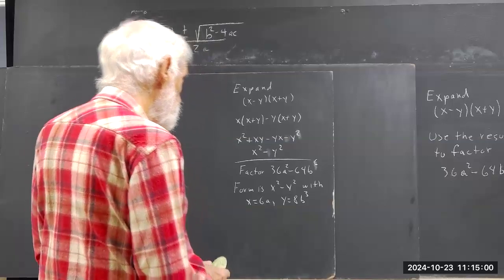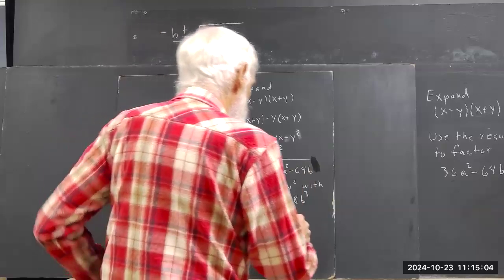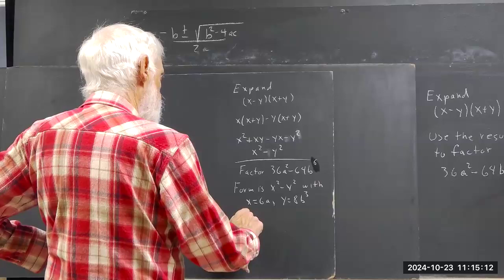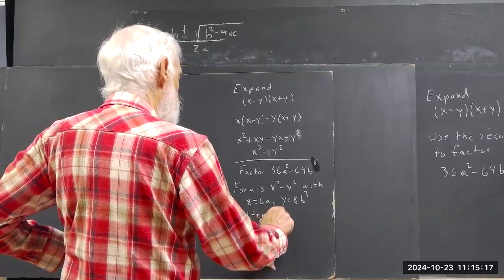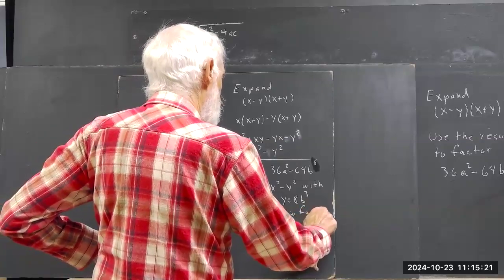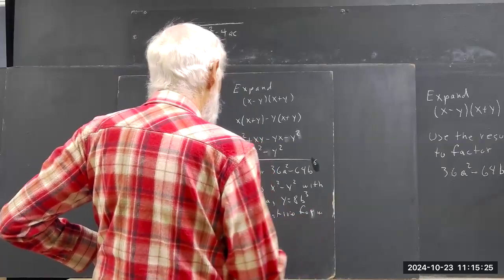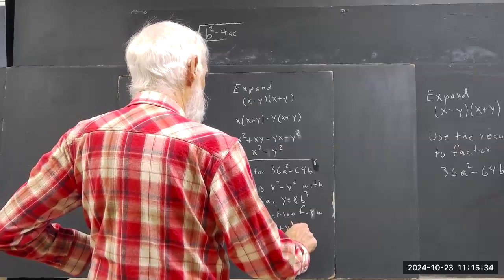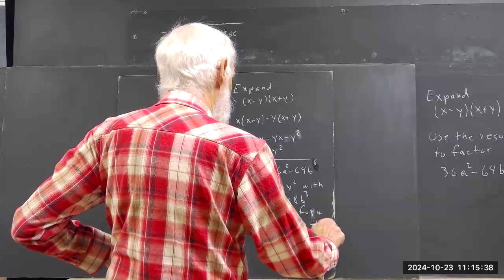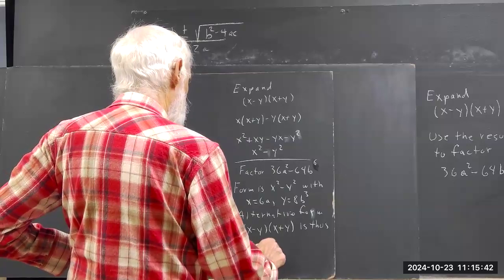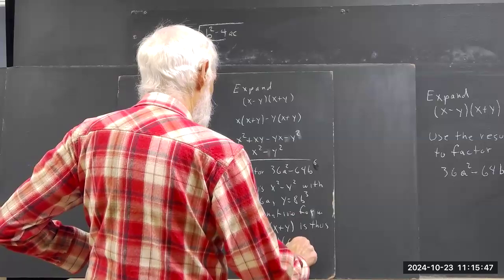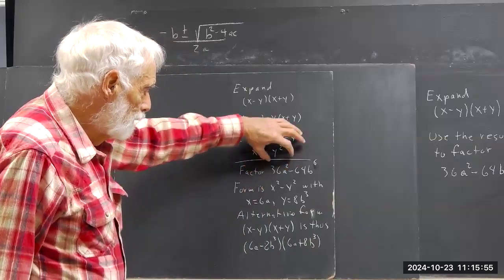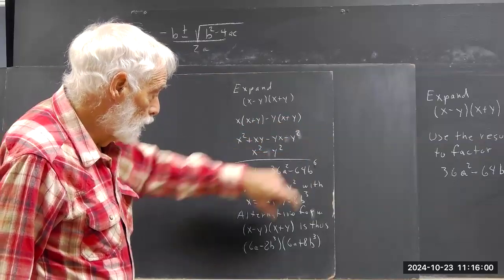So, to make it easier to read, I'll say the alternative form (x - y)(x + y) is thus (6a - 8b cubed)(6a + 8b cubed), because of course we've specified that this has this form, if x equals 6a and y equals 8b cubed.